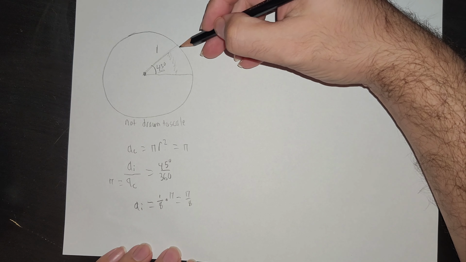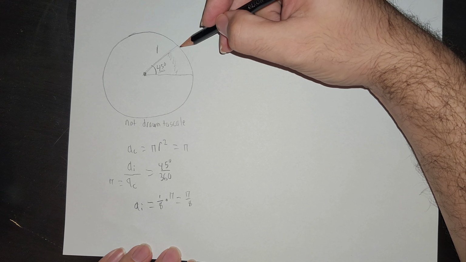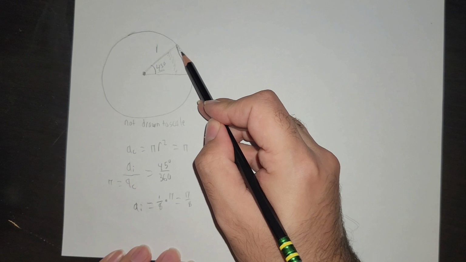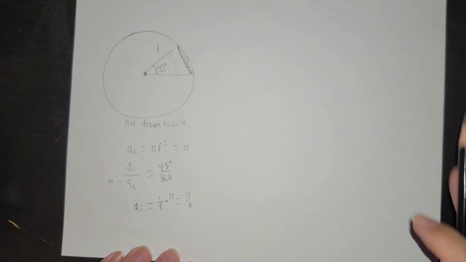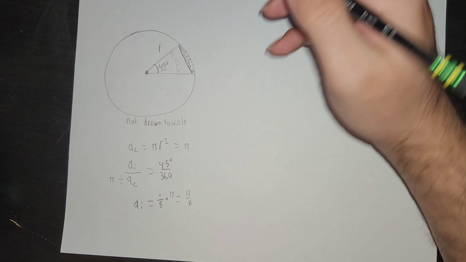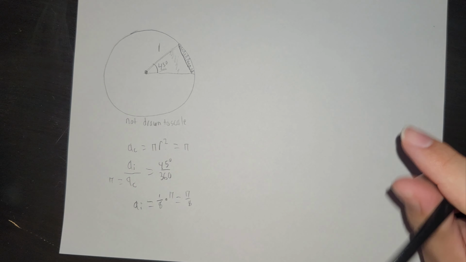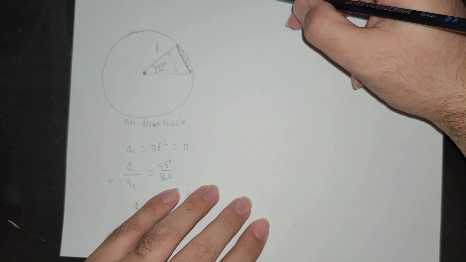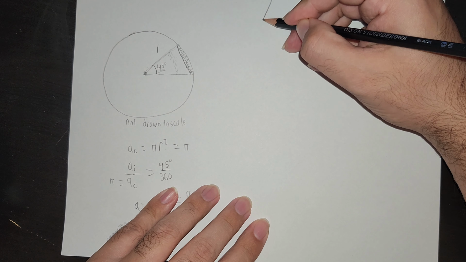So now that that's out of the way, let's make this a little bit more complicated. Let's say we want to find, rather than the area inside this angle, this area right here. Now, obviously we have a triangle right here, so we're going to start off with that. So I'm going to take the triangle and move it out just so that we can examine it in a little more detail.